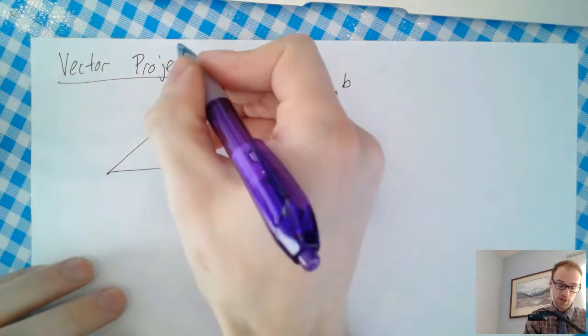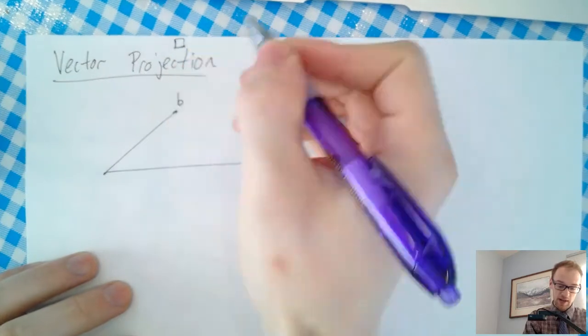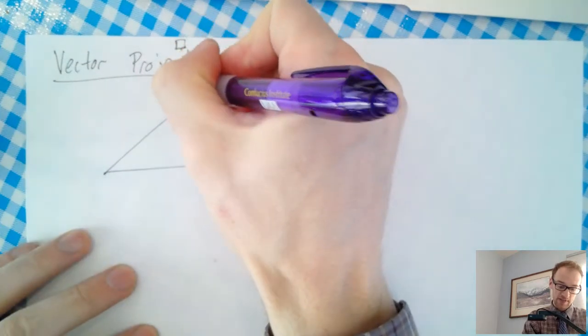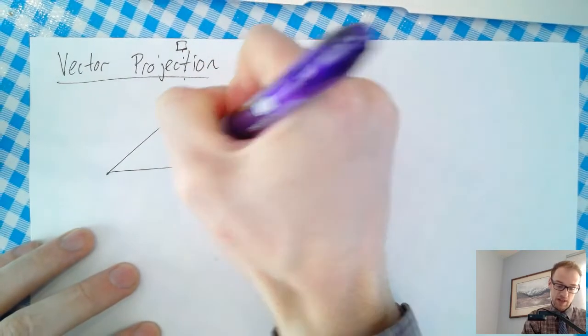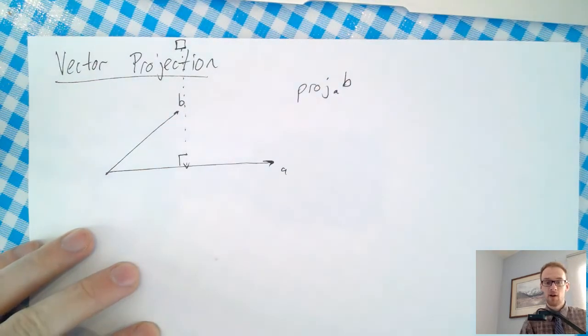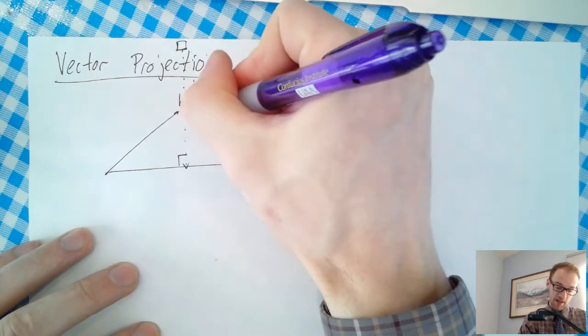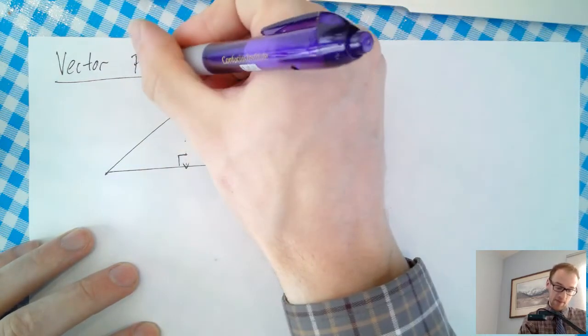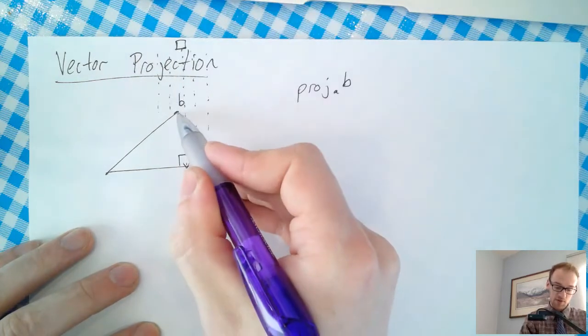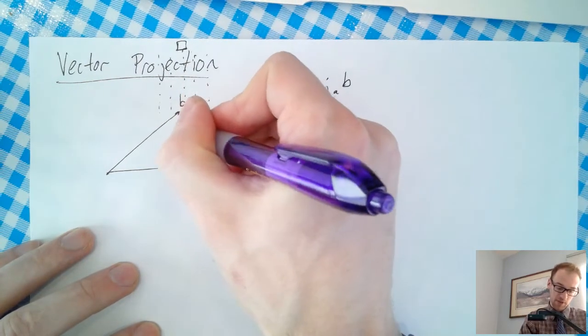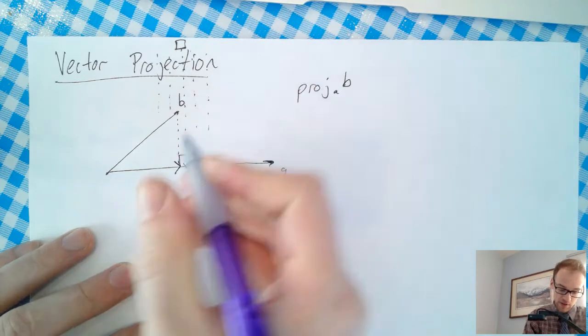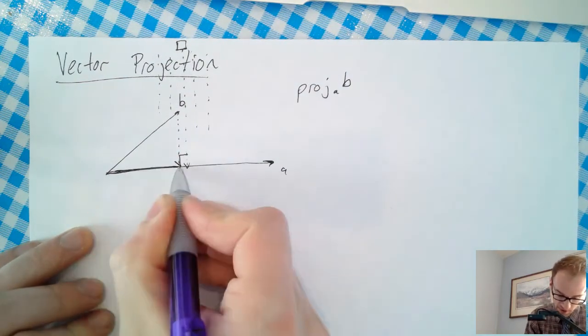So our projector is up here, and it is shining light directly at a 90-degree angle onto vector A. If all these rays of light are at 90 degrees to vector A, what's going to happen? There's going to be a shadow directly below vector B. This will be the shadow of vector B, right?